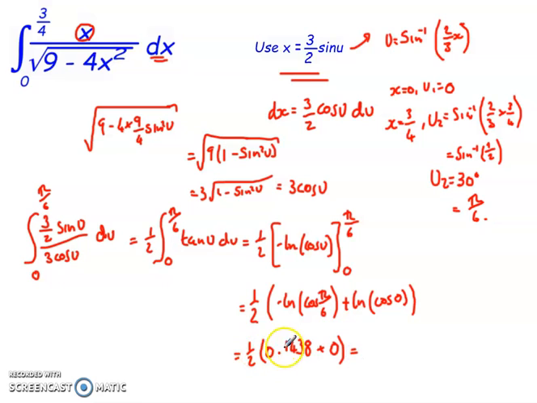So essentially I've got a half times this. If I multiply that through, what I end up getting is 0.0719 to 3 significant figures. Make sure you choose a sensible rounding when you're doing this sort of question.